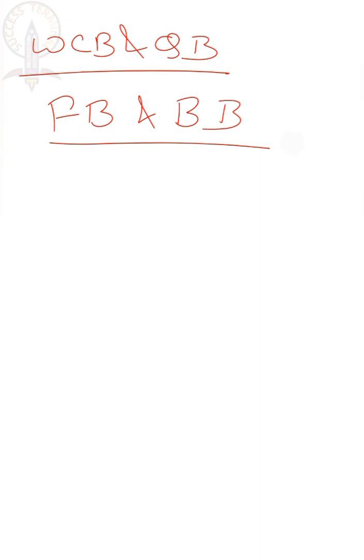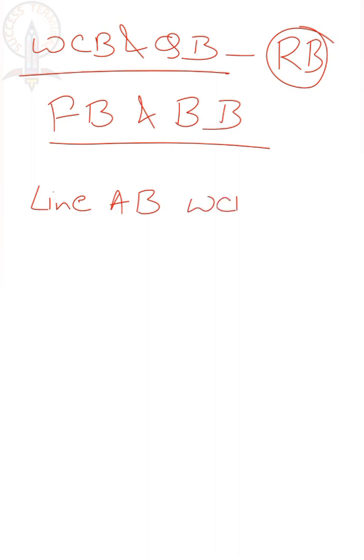Okay, now let's discuss a new type of bearing, that is reduced bearing. What do you mean by reduced bearing? Suppose this is a whole circle bearing, line AB, whole circle bearing is 45 degree.